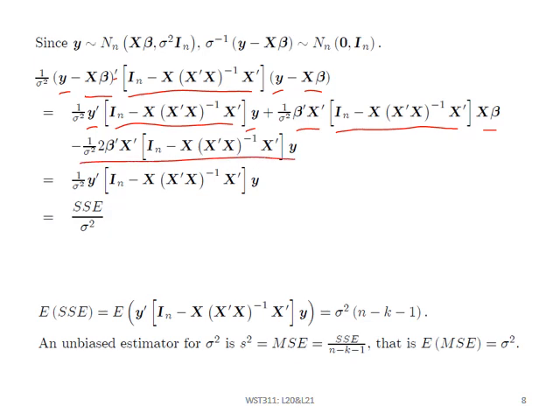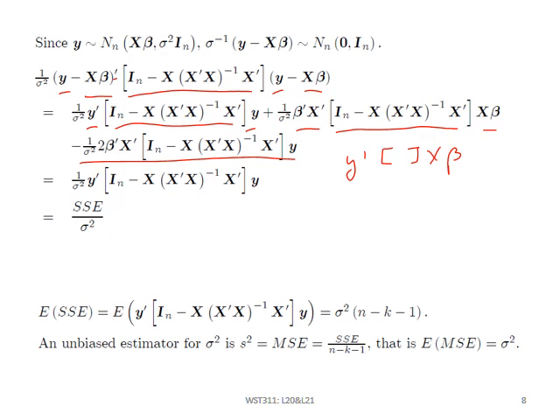For the cross product, it's important to note that y transpose, the matrix between the square brackets, x beta is a scalar. Why?